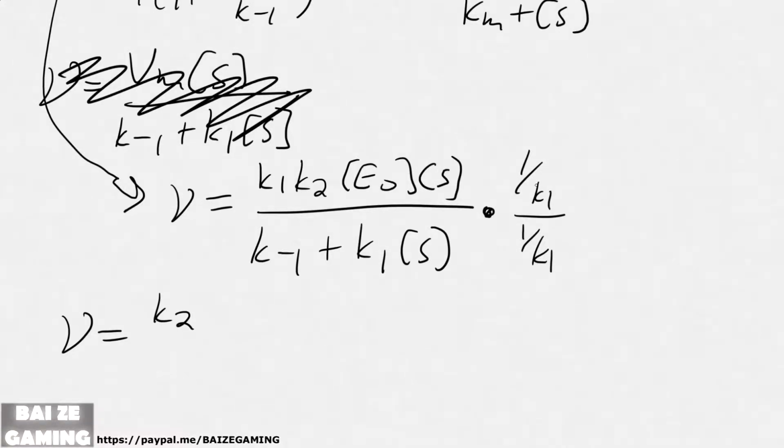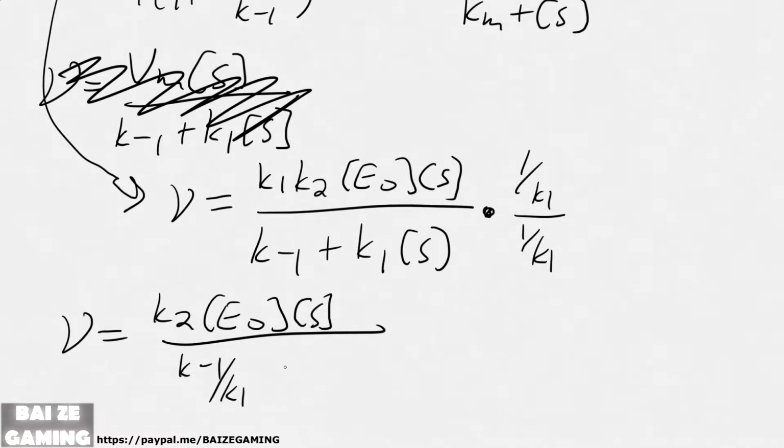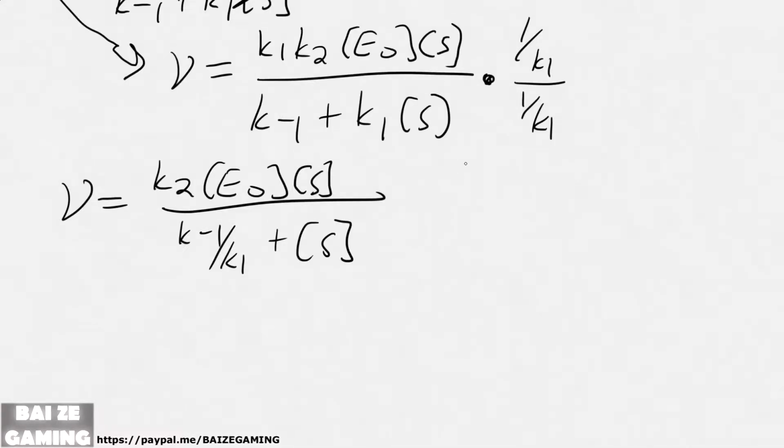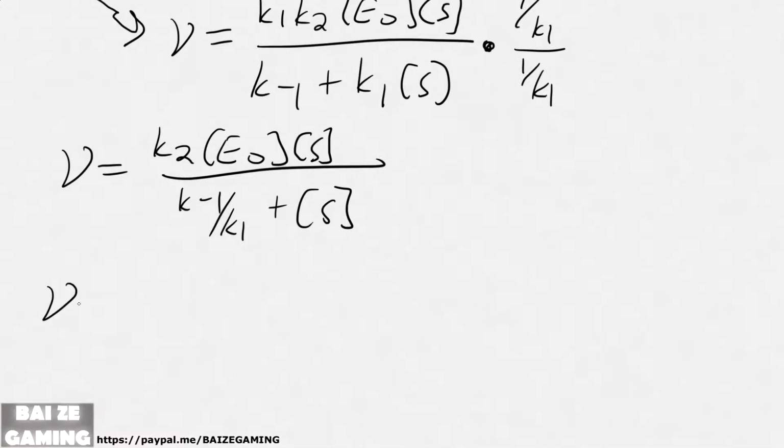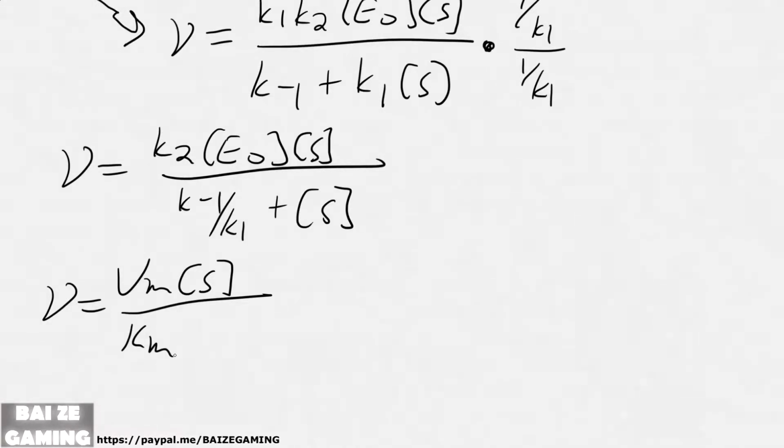And you'll see that it cancels out there. And then we'll get the general Michaelis Menten form. And you'll see it's a lot easier than using the quasi-steady state assumption.